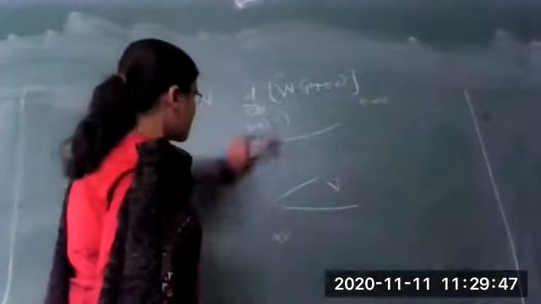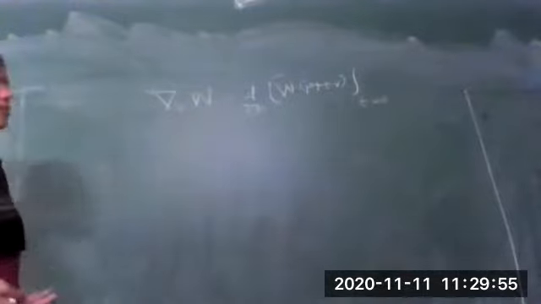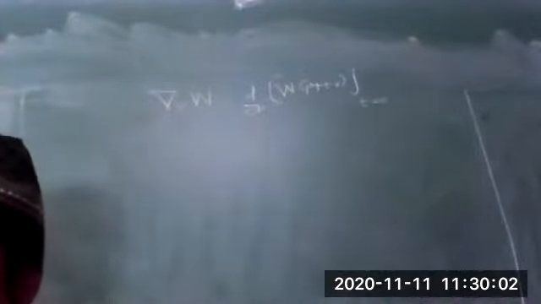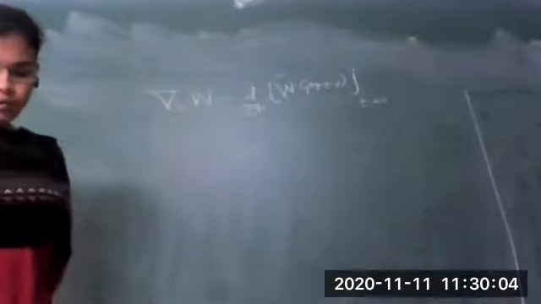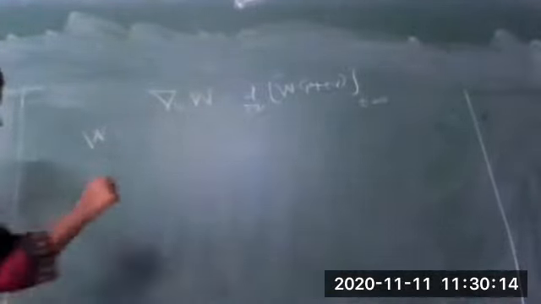What is the directional derivative? It is nothing but the rate of change of a function f at a point P in the direction of V. Instead of that, we will now have a vector field. What will be a vector field? Let us go for one example. Find del V W, where W is equal to x u1 plus y z u2 plus z square u3.